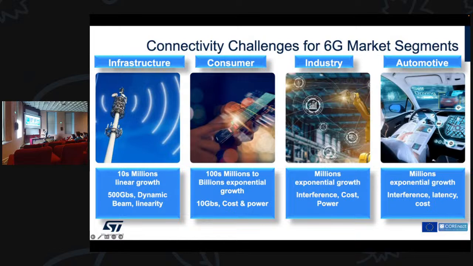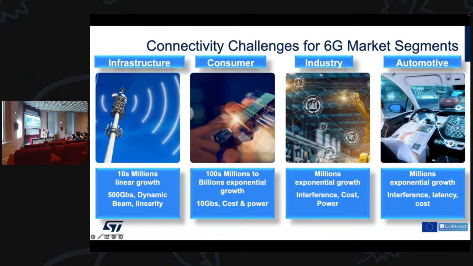For instance, for the infrastructure, the market is in the tens of millions of linear growth per year. And data rate is 500 gigabit per second for 6G to begin. We need dynamic beam and linearity. It is the most stringent application.